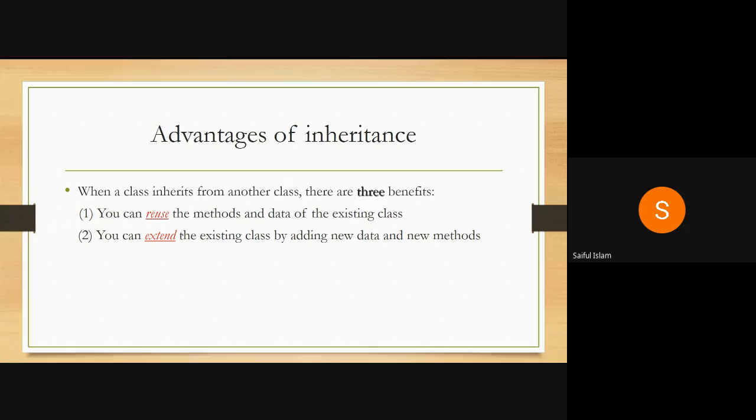You can extend the existing class by adding new data and new methods. So you use an existing class and add something to it. It may be in the form of data or method or both of them. You can modify an existing class by overloading its method.